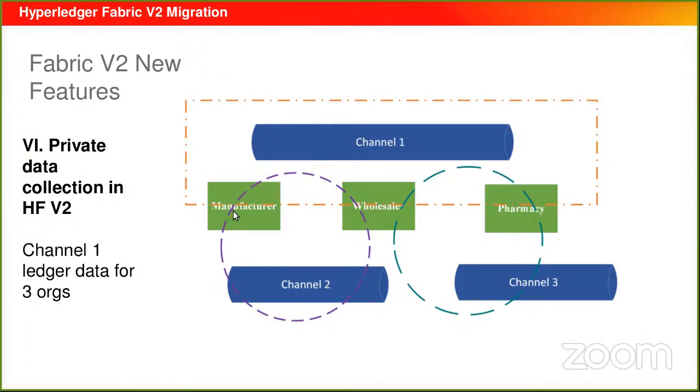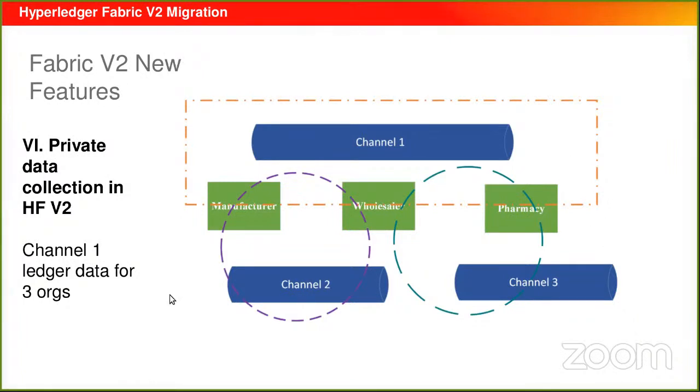Again, on Fabric version 2, as we discussed earlier, each channel can have its own policies with regard to the data collections. And I'm going to show you in the next slide that even inside the ledger of channel 2, each member can have their own private data without any visibility to other members in the network.